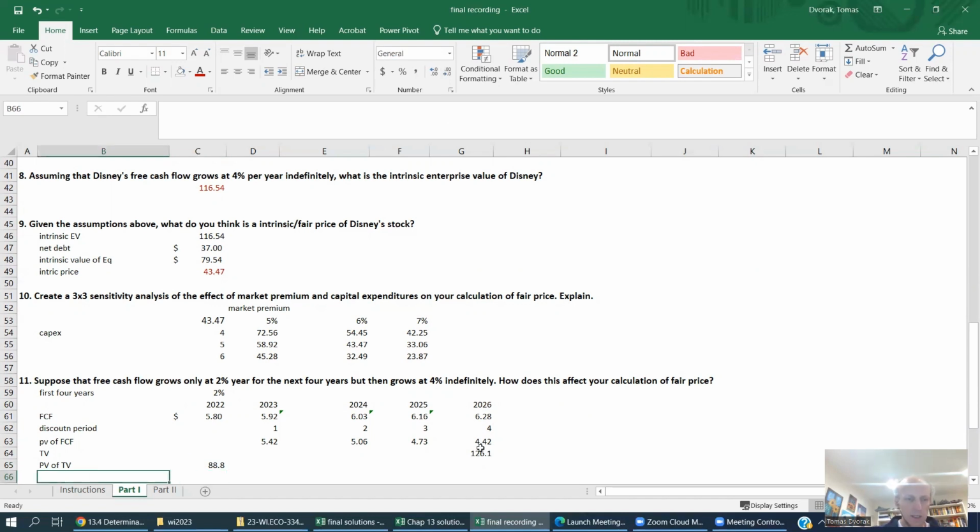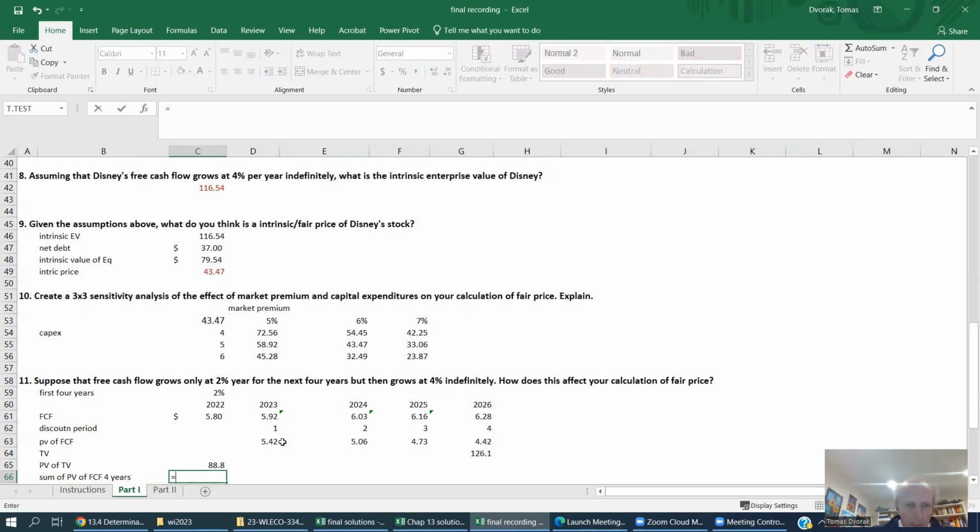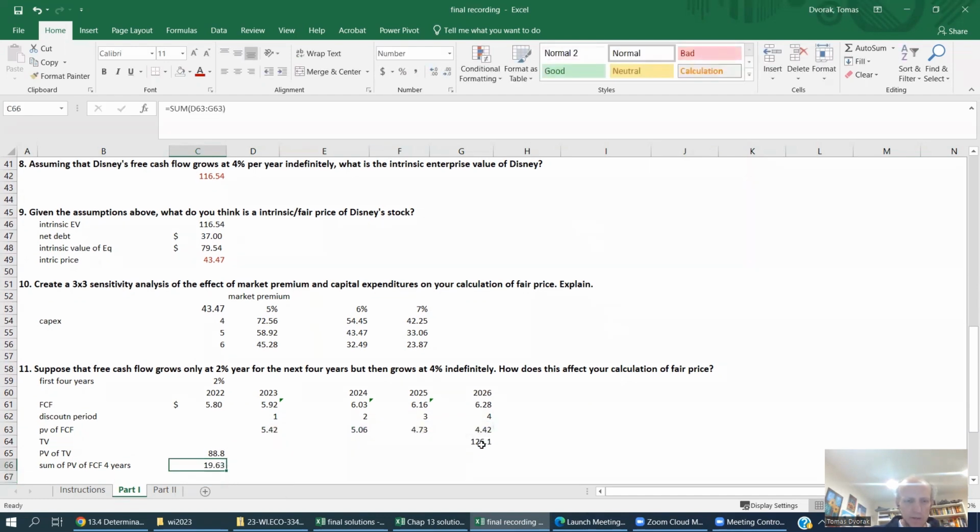So then I need the sum of PV of free cash flow of these first 4 years, and that's just the sum of these numbers right here. All right, that gives me 19, adding them.